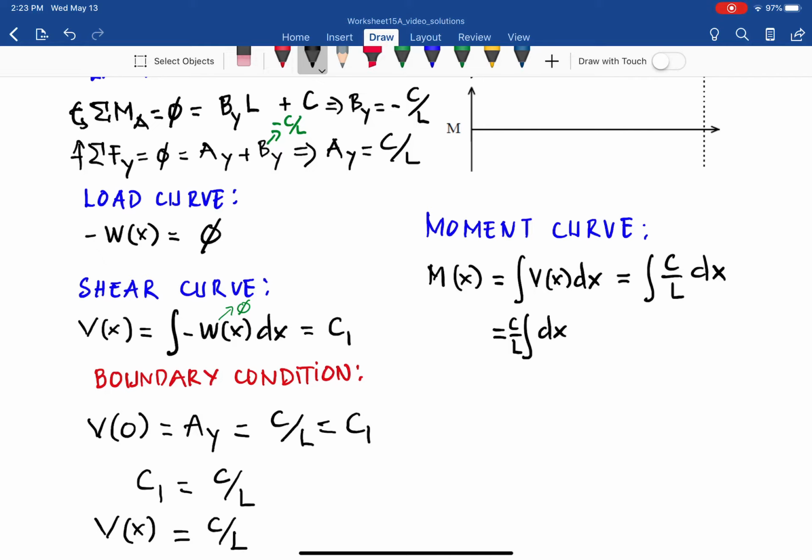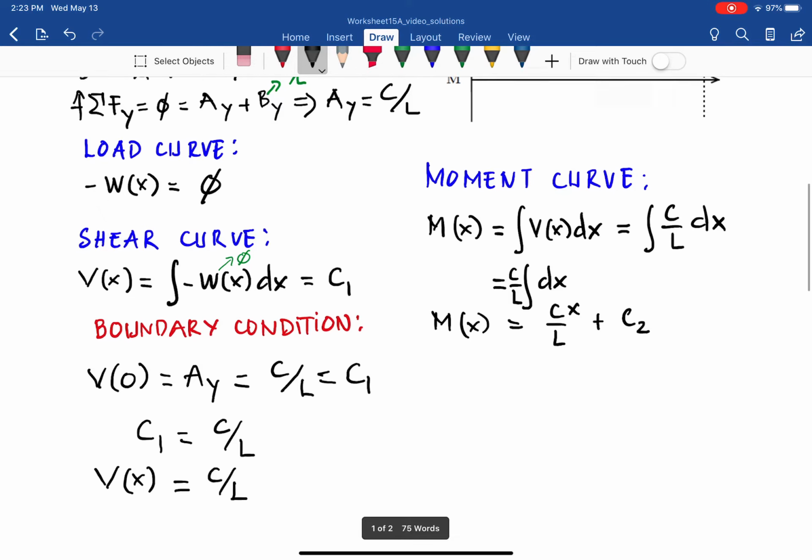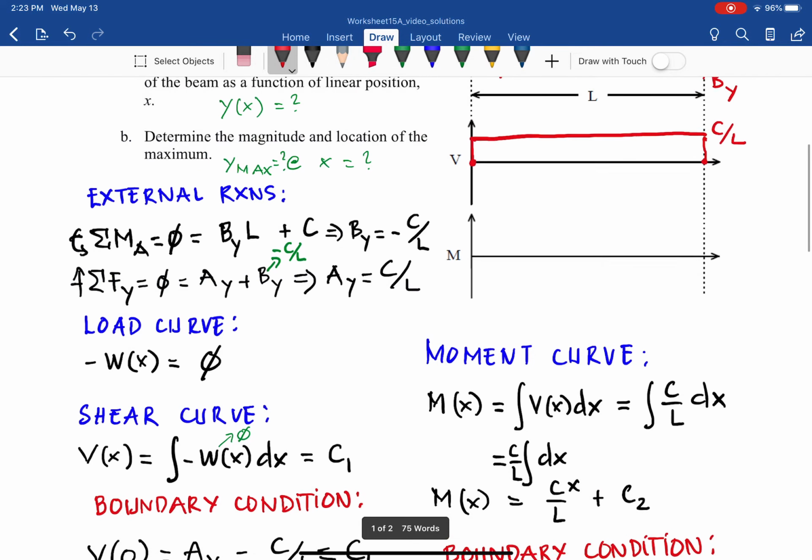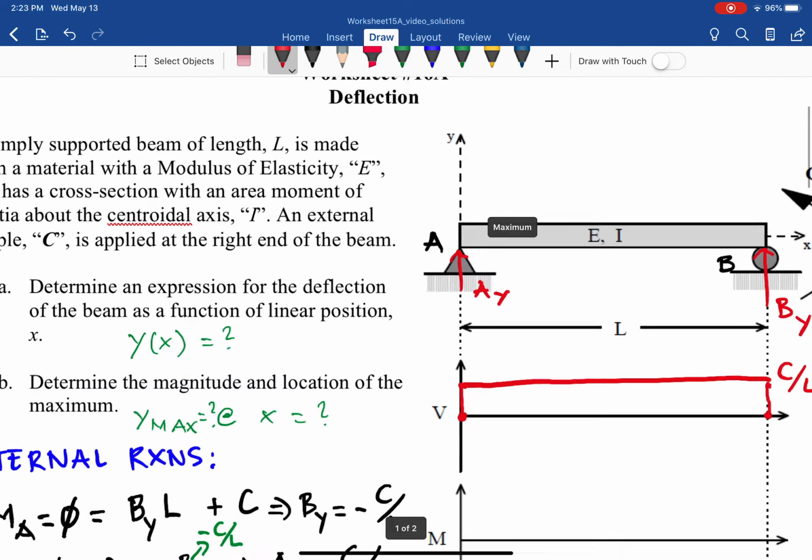And what does that mean? We have Mx equals C over L times x plus C2, another constant. And again, we have a boundary condition for this one. What do we have for the boundary condition at the pin A?